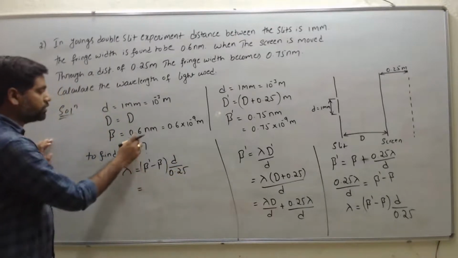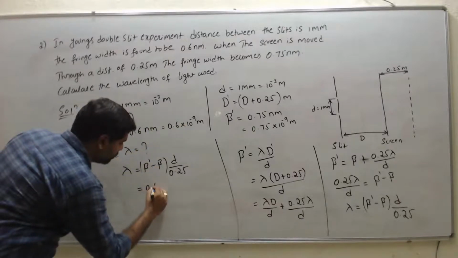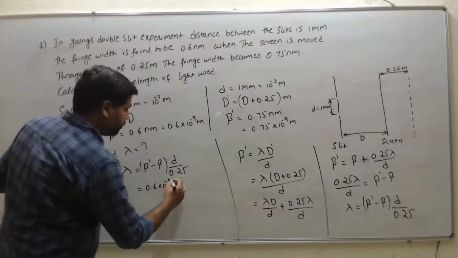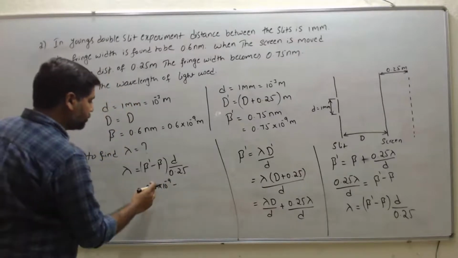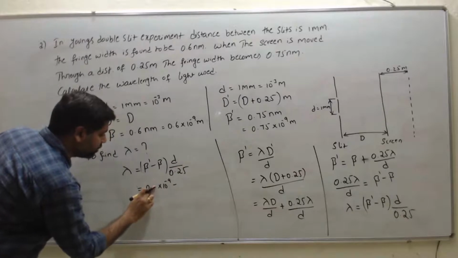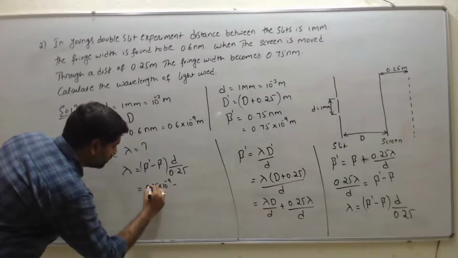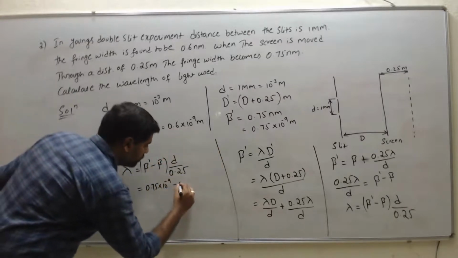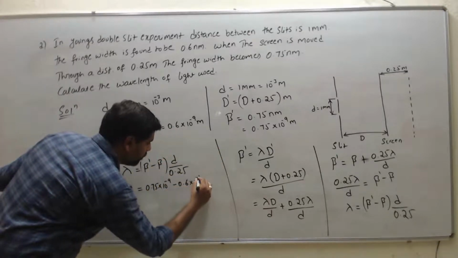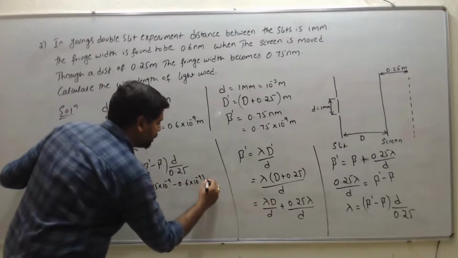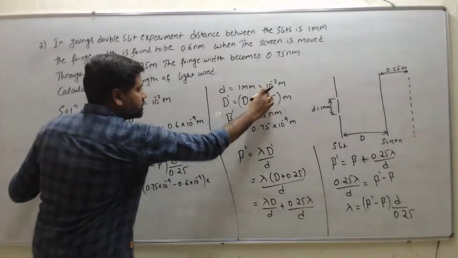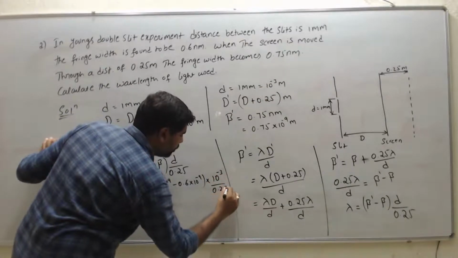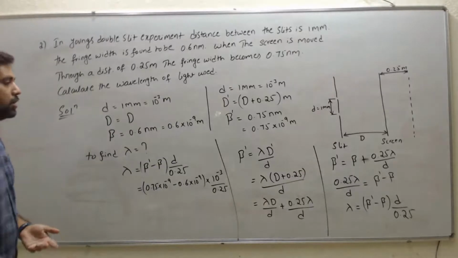Beta dash value is 0.75 into 10 to the power of minus 9, minus the beta value, 0.6 into 10 to the power of minus 9, into d value, 10 to the power of minus 3, divided by 0.25, right?